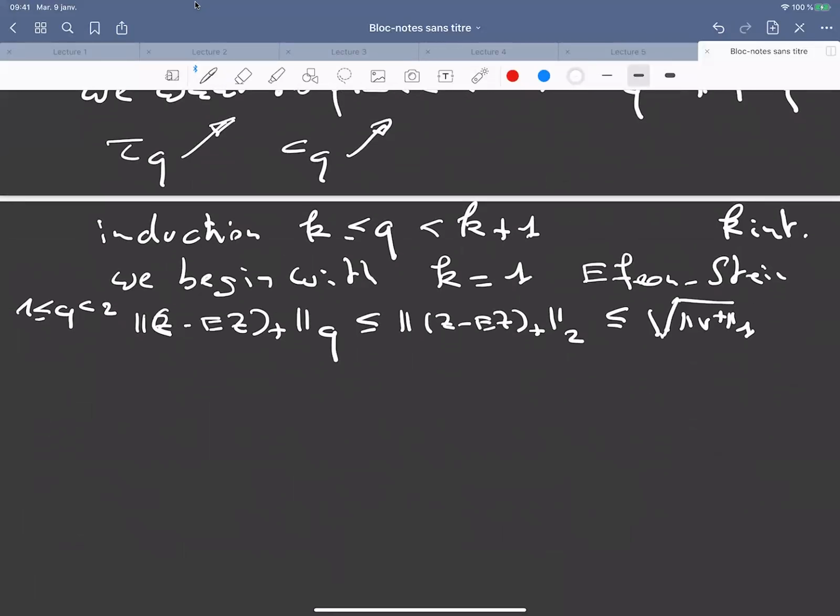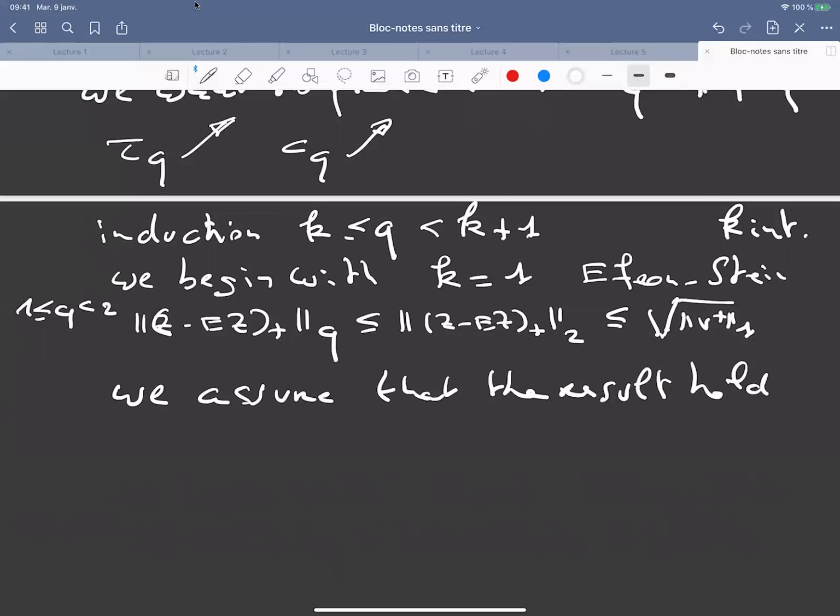So we assume that the result holds true with Q minus 1. And we want to show that it's okay with Q.